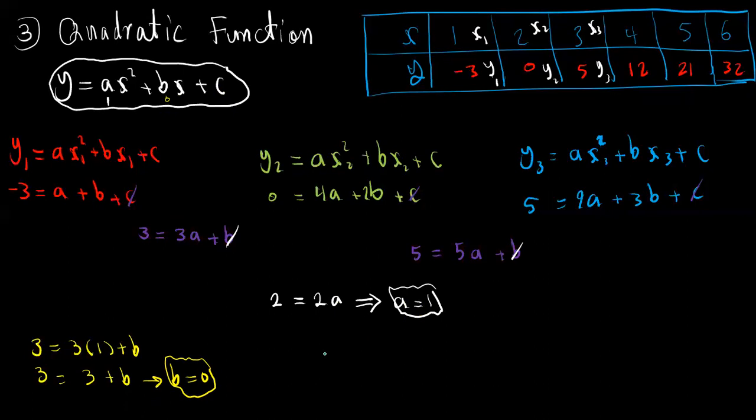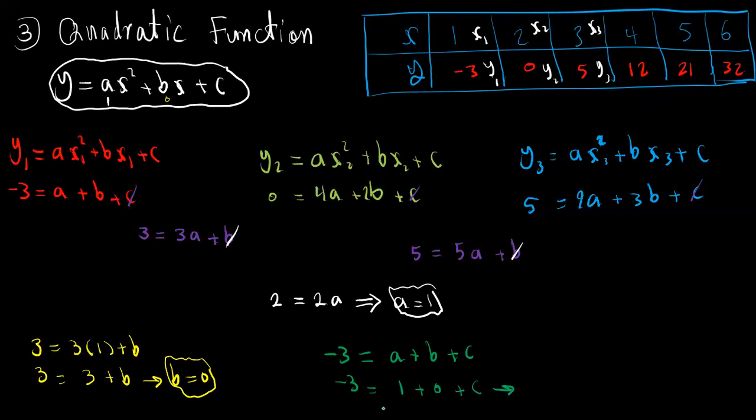Okay, I will use negative 3 equals a plus b plus c. Substitute: negative 3 equals, what is a? 1. What is b? I got b is 0. What is c? I don't know. So this is 1 plus 0, 1. Go to the other side.